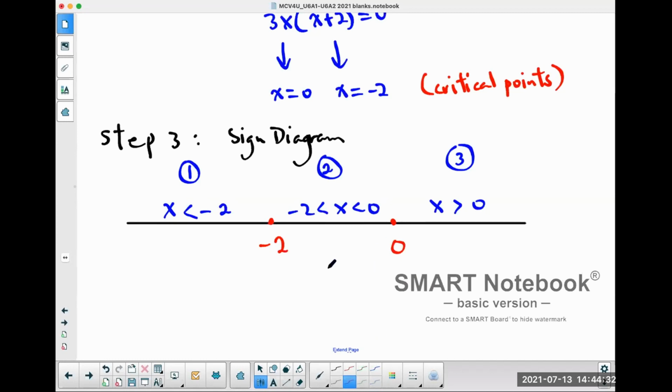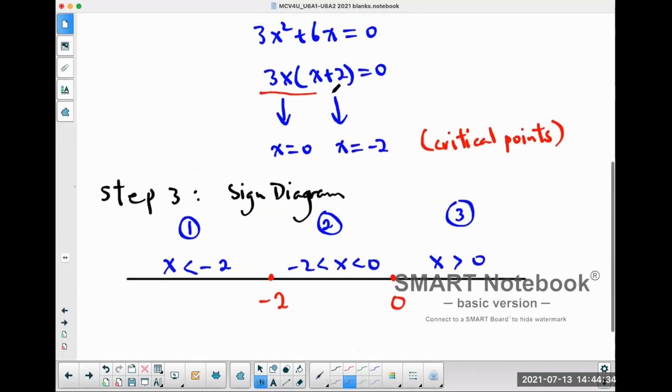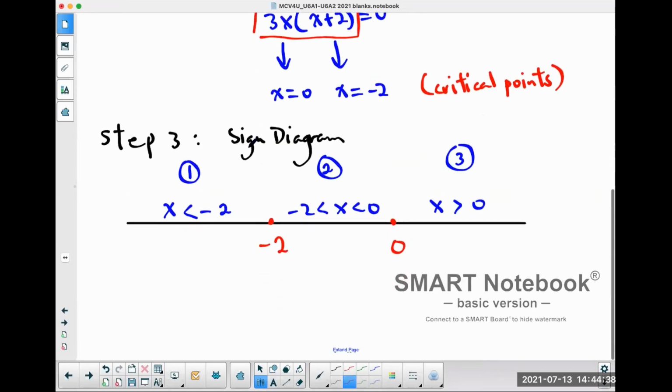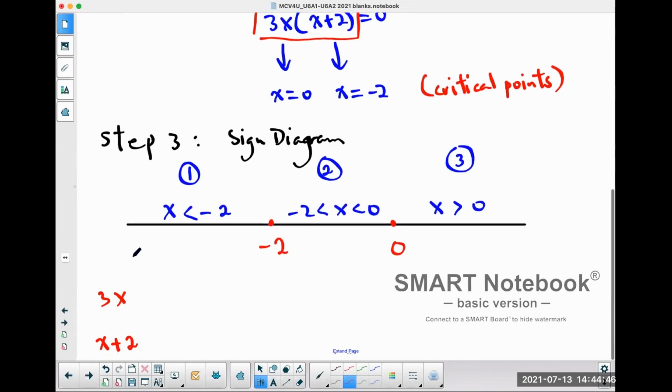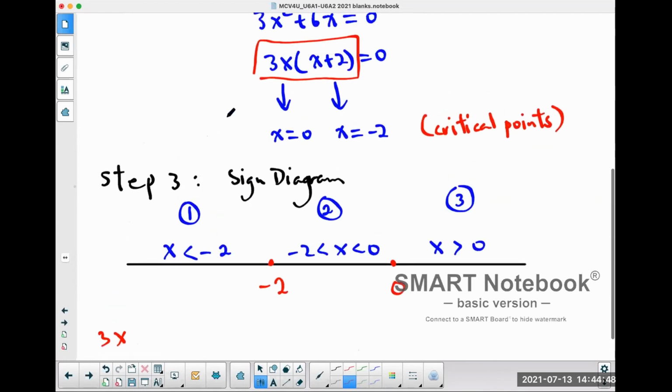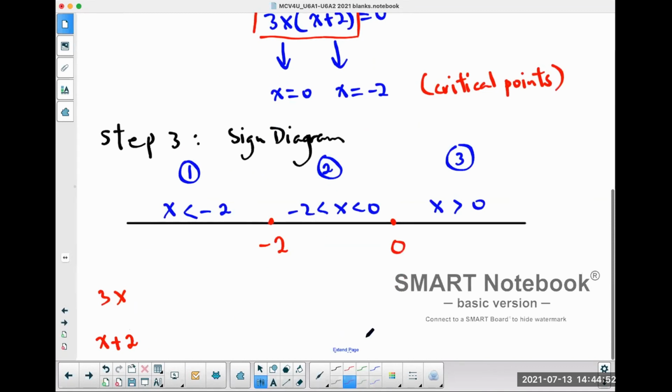Then you copy down what the derivative function is, factor by factor. So 3x is one factor, x plus 2 is another factor, and you put it on the side. So 3x times x plus 2 is the derivative. I'm just going to put those two on the side.